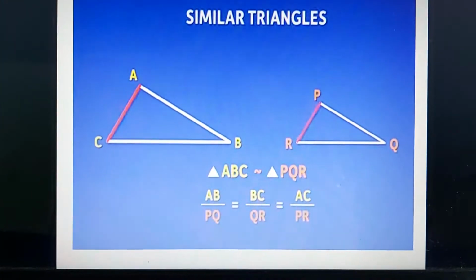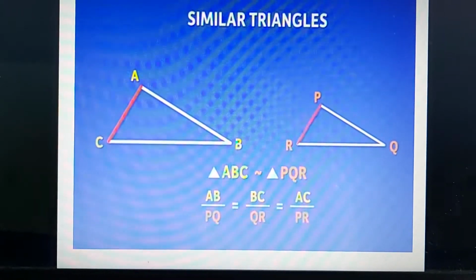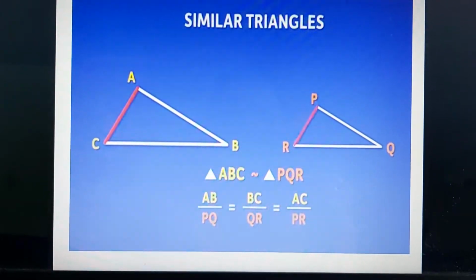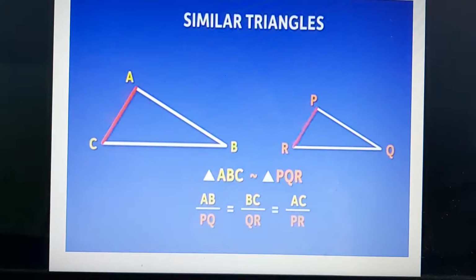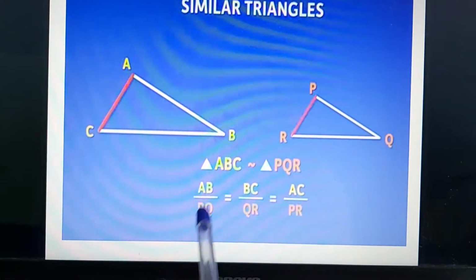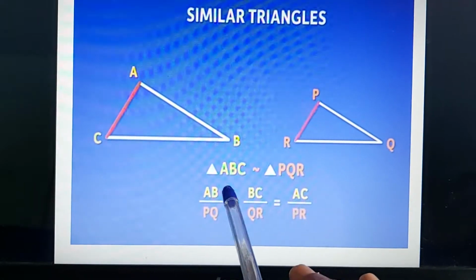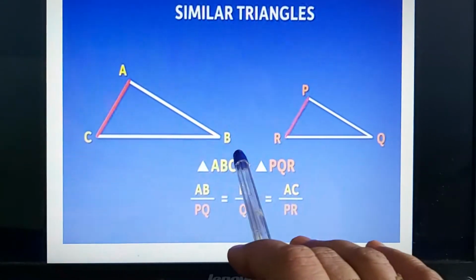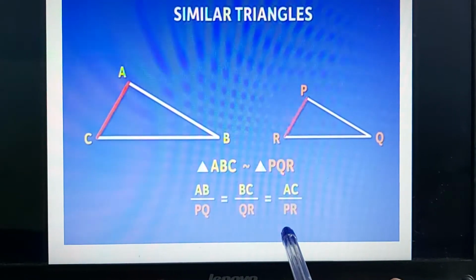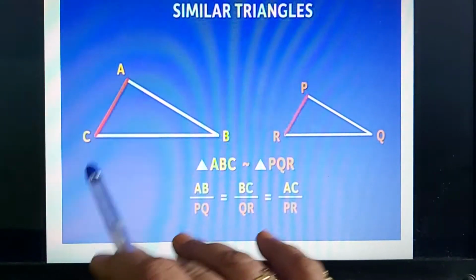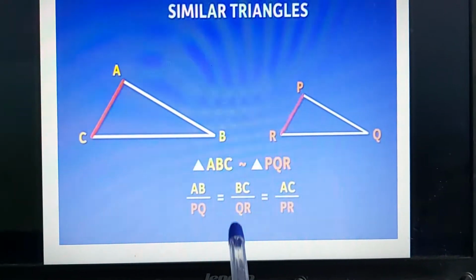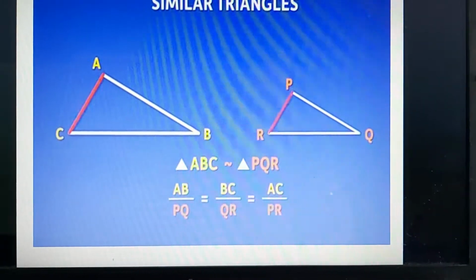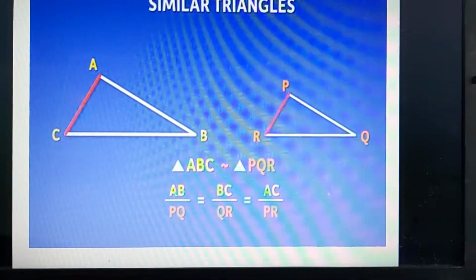So AB over PQ equals BC over QR equals AC over PR. And this fact is going to help us derive the mirror equation.